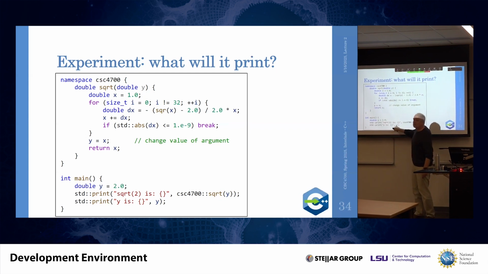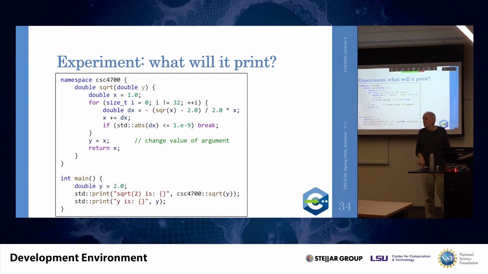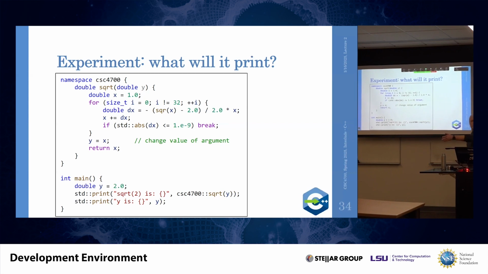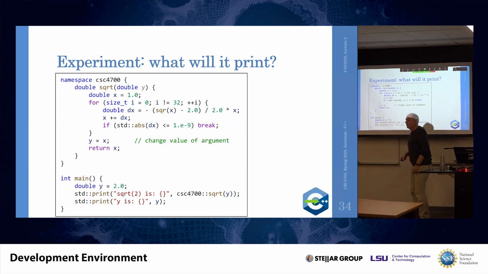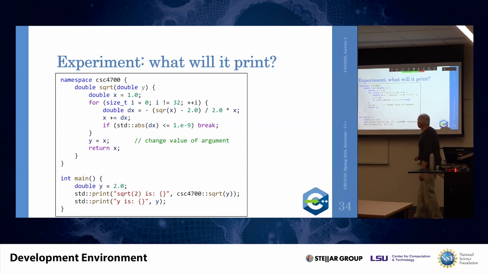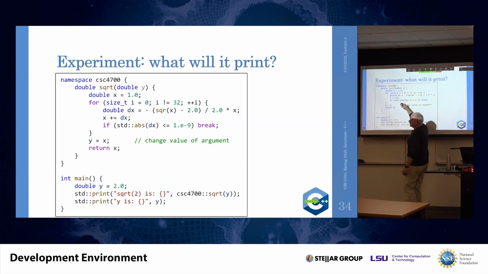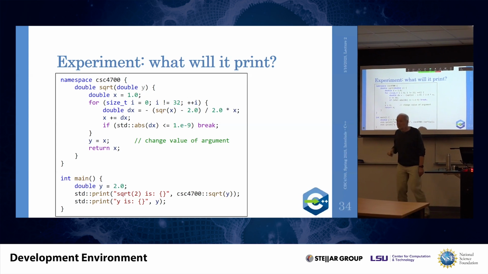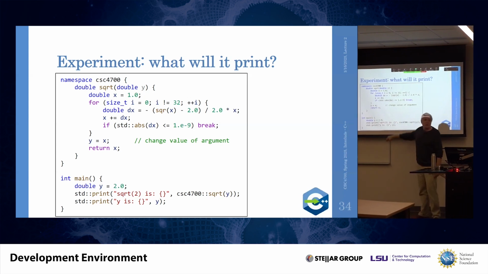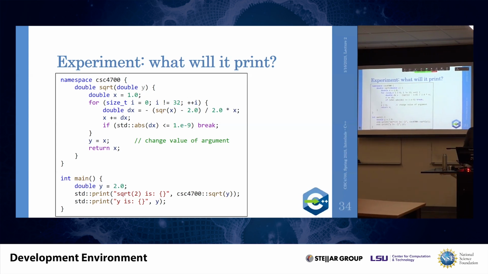What will be the value of y here when I come back? 1, he says 2. What else will it be? Right, it calculates the square root and then assigns whatever it has calculated as square root to its argument. And then it prints the argument here in the main function. What will it print?